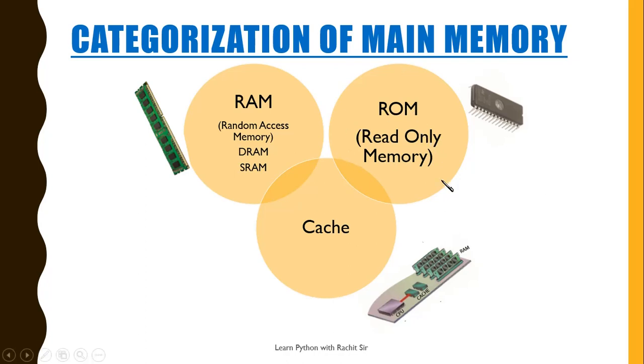Third one is cache memory. Cache memory is small memory that operates much faster than the primary memory or RAM. When the CPU requires certain data present in RAM, it first sends the request to the cache, which stores recently used values, since cache memory is placed between CPU and main memory.